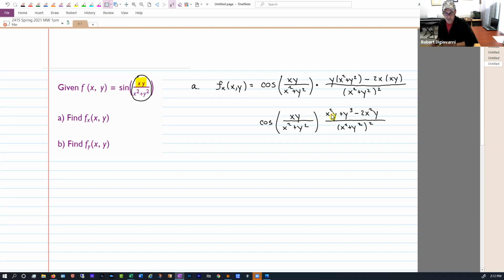And I can actually put these two together, right? This one and this one go together because they're like terms. So the numerator really just turns into y cubed minus x squared y squared. That's what the numerator is.